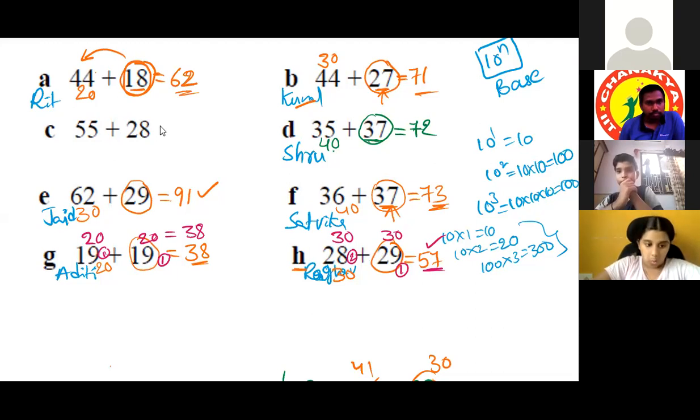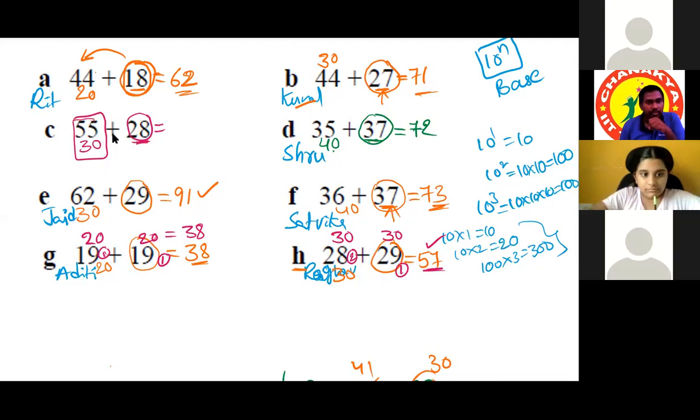We should take 28 as 30 and minus that 2 from 55. No. We have to remove that 2 from the resultant. What is the resultant of these two? 55. We are adding with 30.